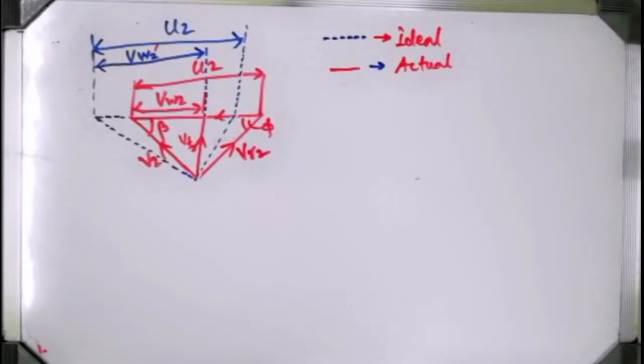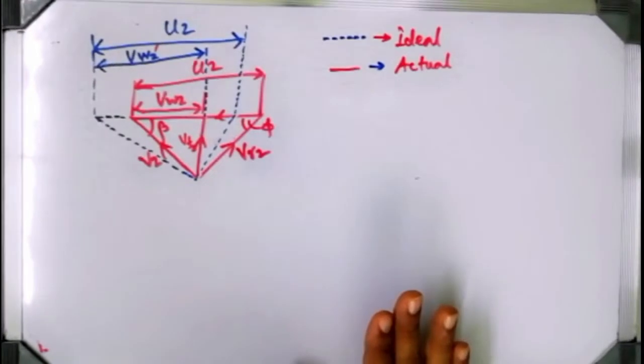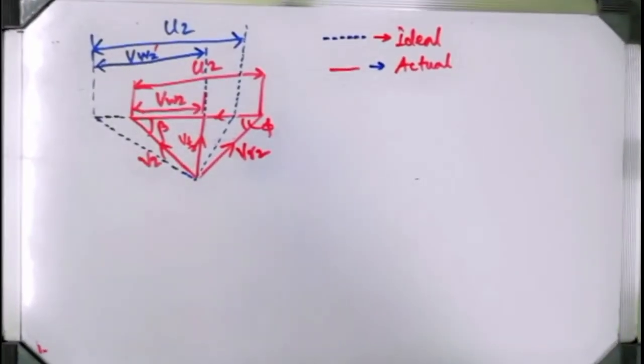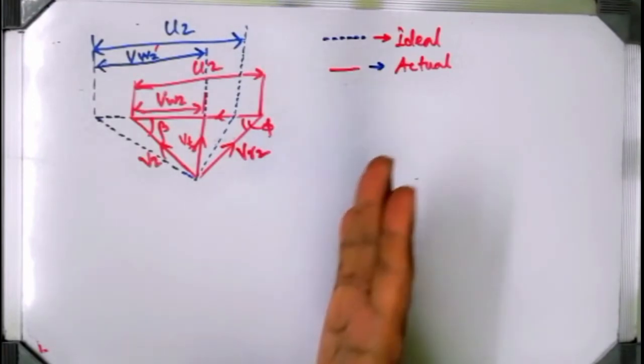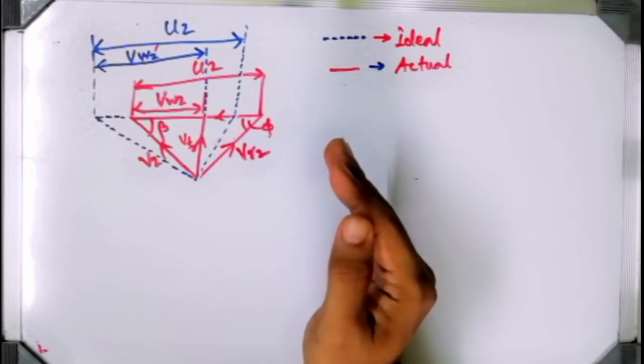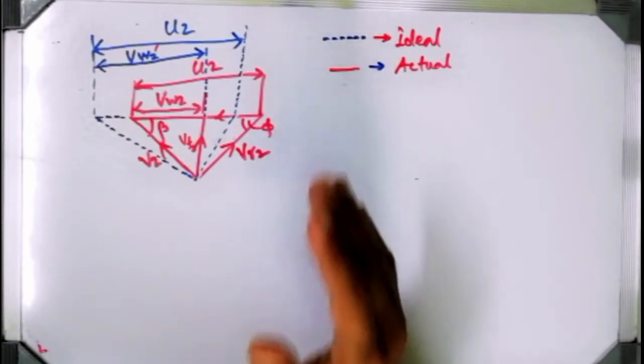Now see what this slip phenomenon is. Slip phenomenon occurs in the case of a centrifugal pump. Why? Just because of the special kind of geometry the centrifugal pump has.